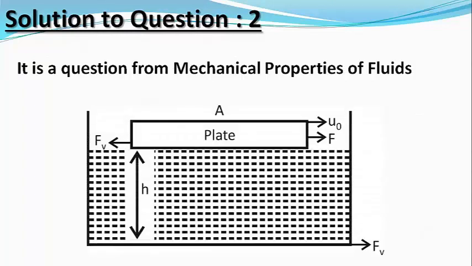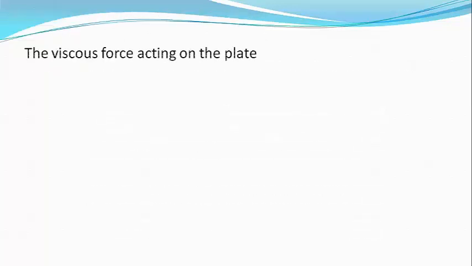The forces acting on the plate and on the floor of the tank are shown in the figure, where Fv is the viscous force and F is the force applied on the plate. The viscous force acting on the plate is given by Fv equals eta into A into dV divided by dz.